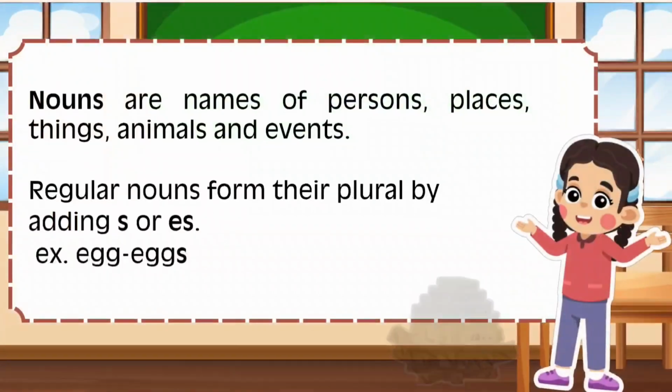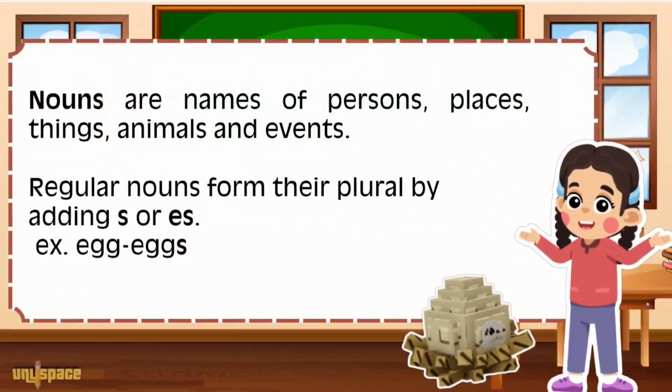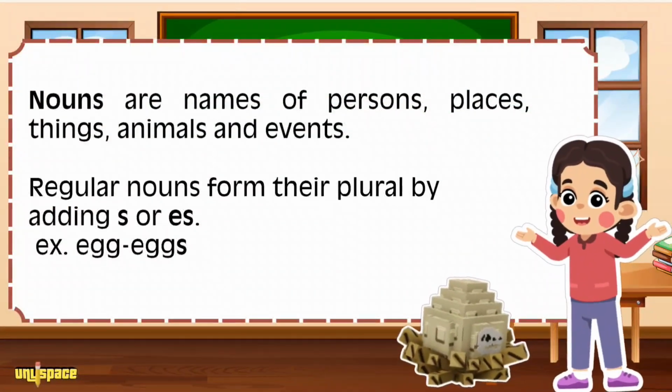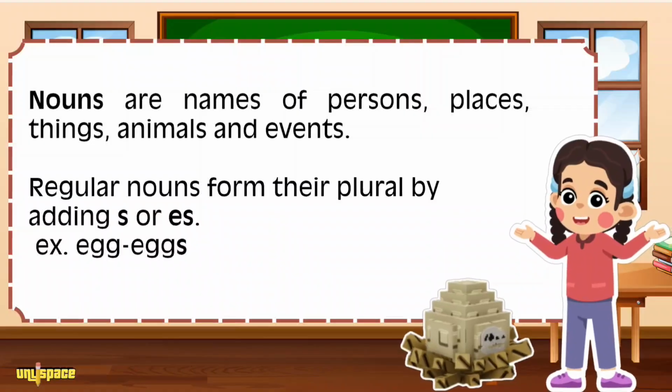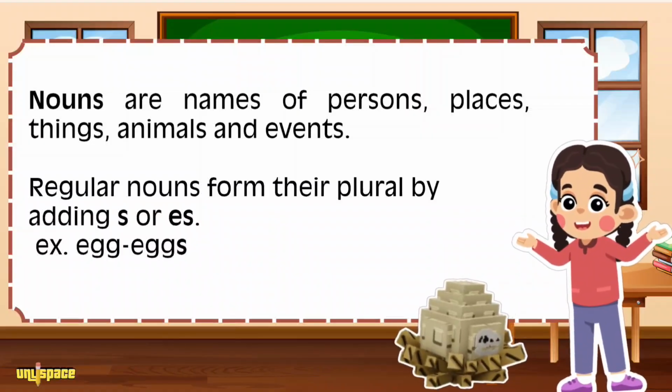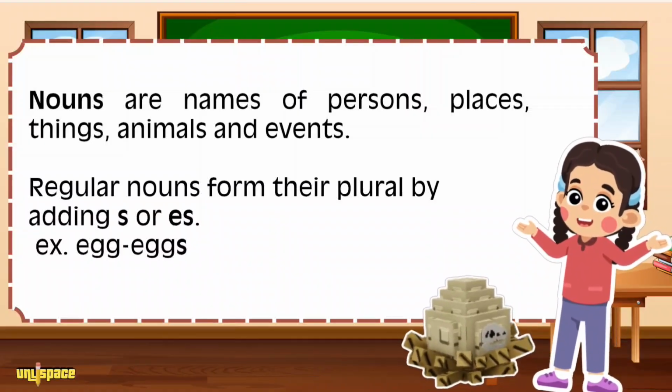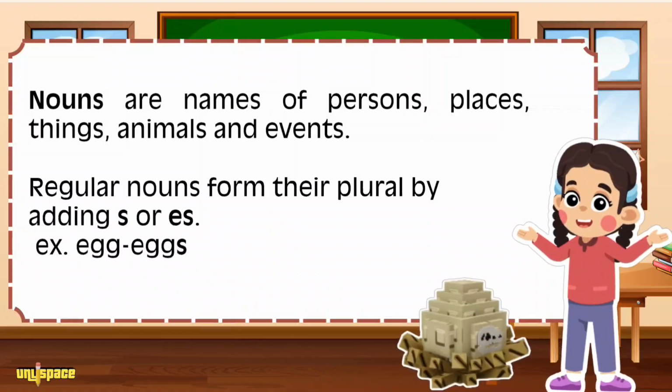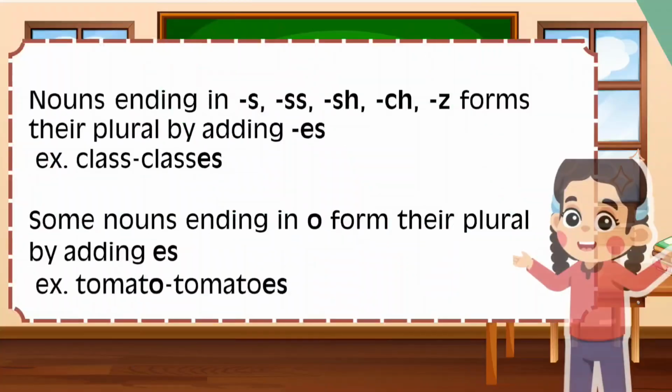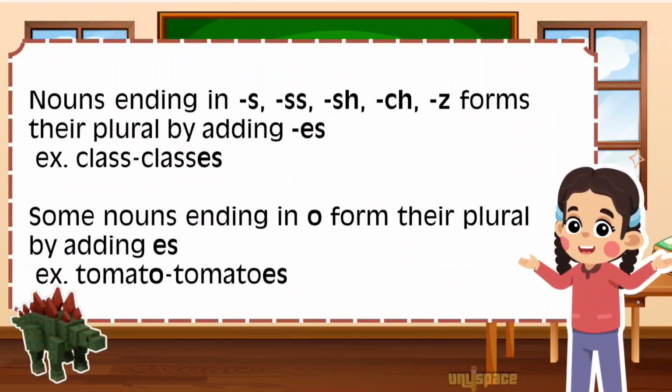Nouns are names of persons, places, things, animals, and events. Regular nouns form their plural by adding S or ES. Example, egg, eggs. Nouns ending in S, SS, SH, CH, Z form their plural by adding ES.